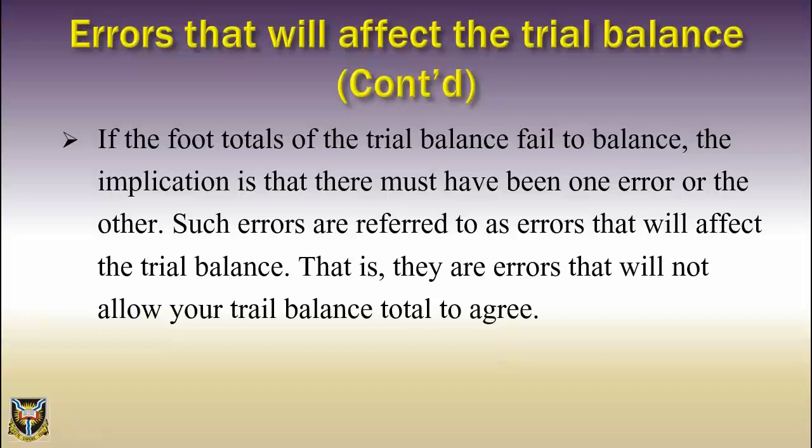If the full totals of the trial balance fail to balance, the implication is that there have been one error or the other. Such errors are referred to as errors revealed by trial balance, or errors that will affect the trial balance. That is, they are errors that will not allow your trial balance total to agree.